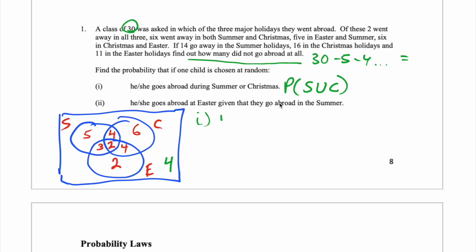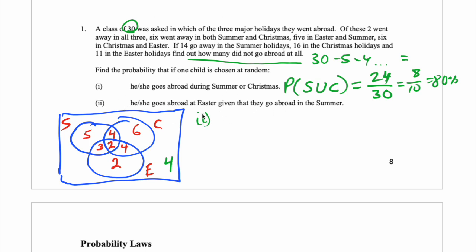So that equals 5, 10, 24. There's 24 in there divided by 30. And you can simplify that because it works out to a nice percentage: 8 over 10, or 80%. That's a nice statistic to work out there.